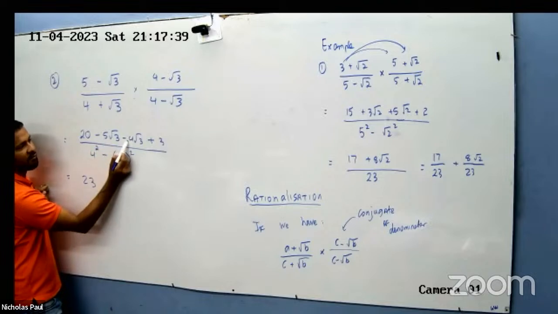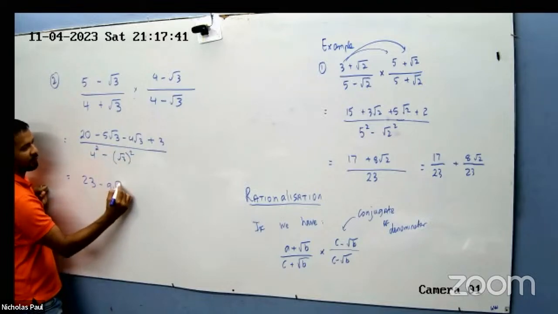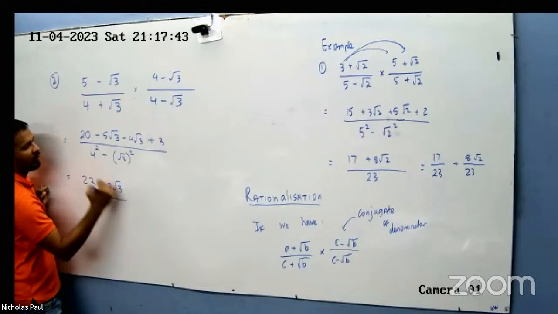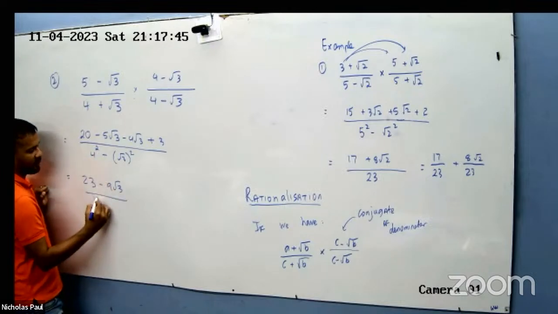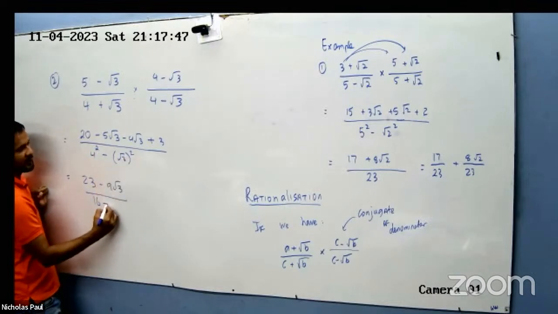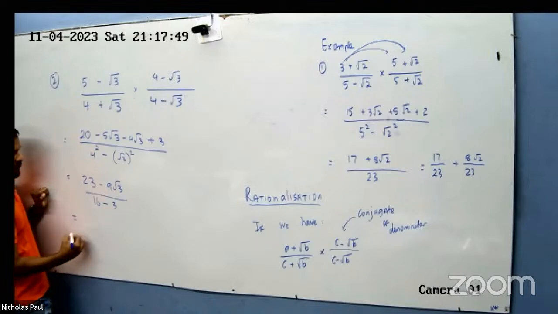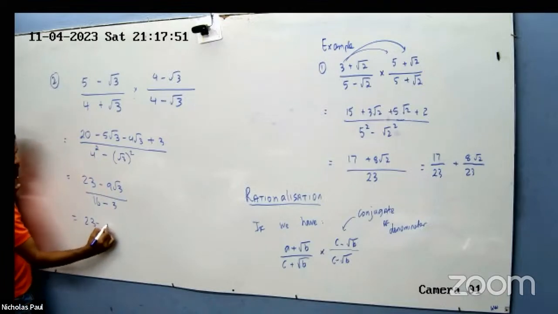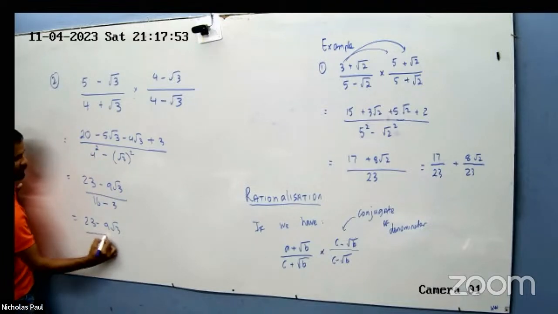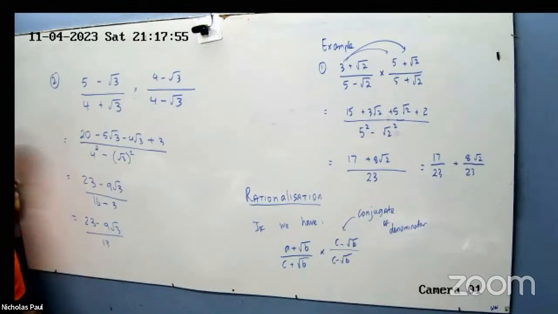Minus 5 minus 4 is minus 9. 4 squared is 16, root 3 squared is 3. So the answer will be 23 minus 9 root 3 all over 13.